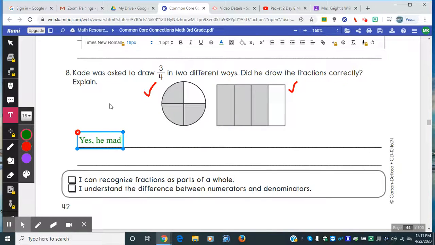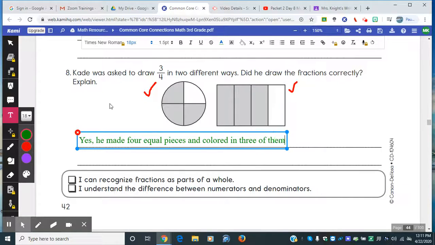He made 4 equal pieces and colored in 3 of them for each drawing. So he's correct. That explains why his answer is correct.